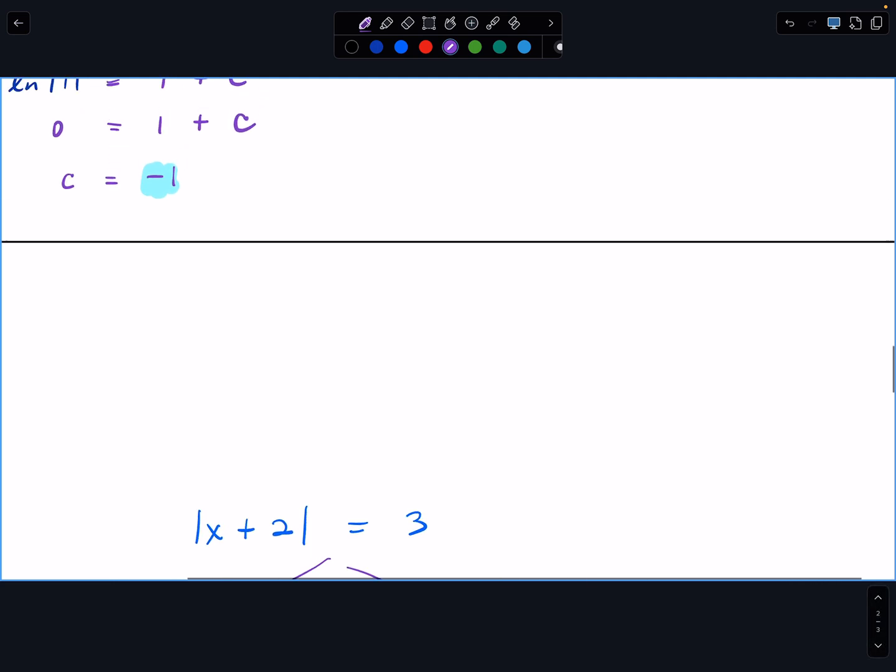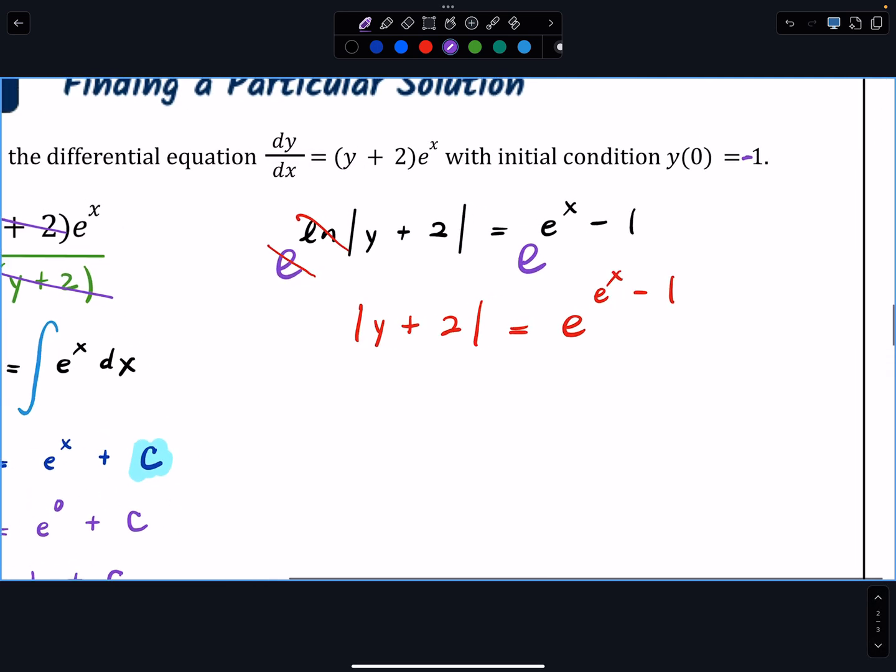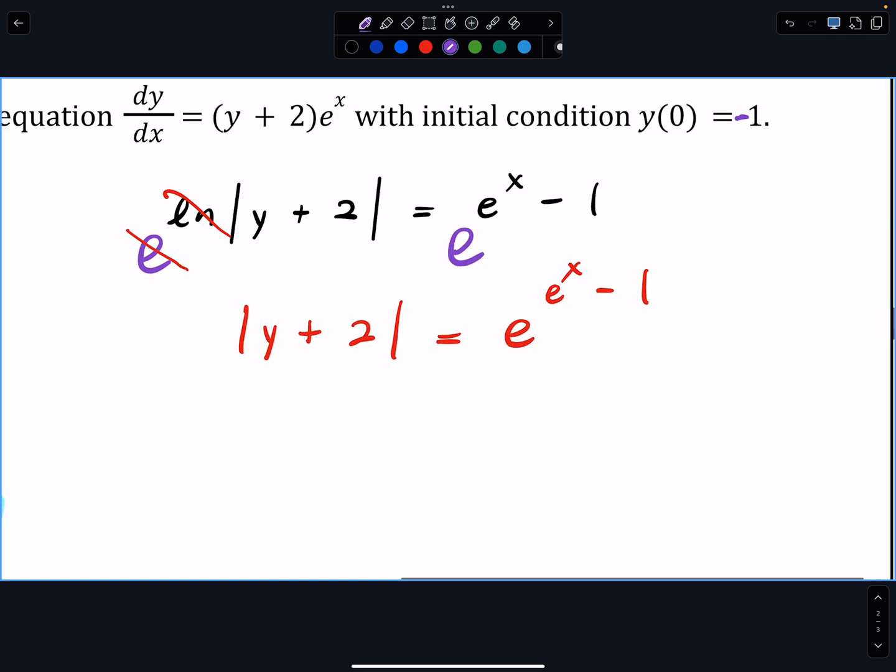If I gave you something like the absolute value of x plus 2 is equal to 3, in math 1, you would do this: x plus 2 equals 3, or x plus 2 is equal to negative 3. And you would solve both cases. Does that look familiar from a long time ago? So because of this, that means y plus 2 is equal to plus or minus all of this.